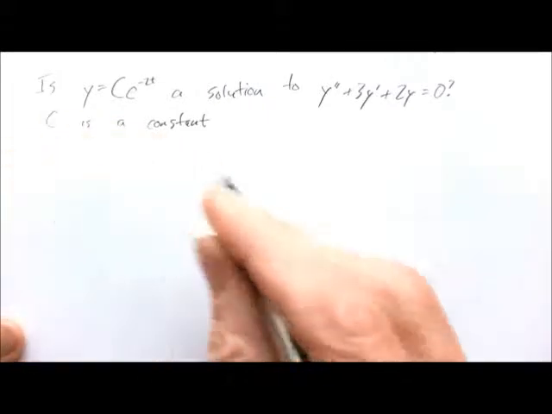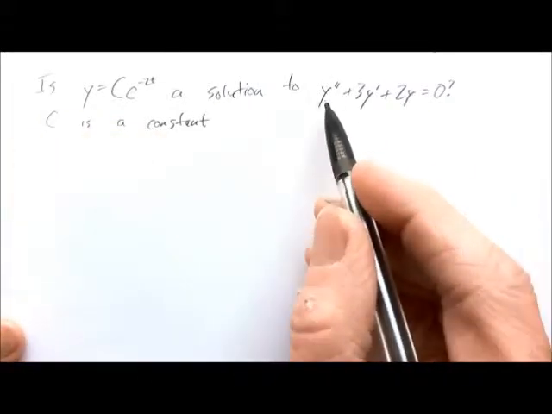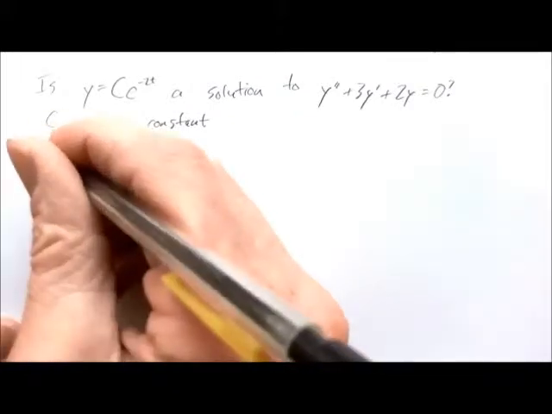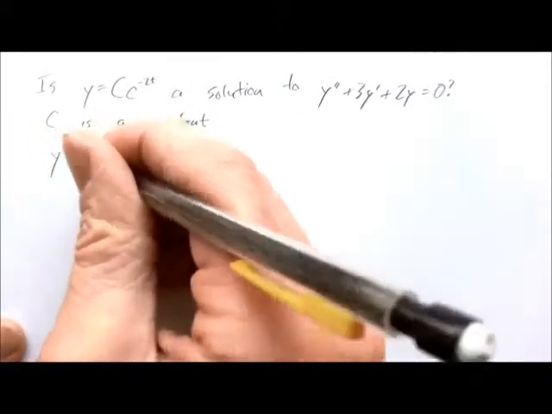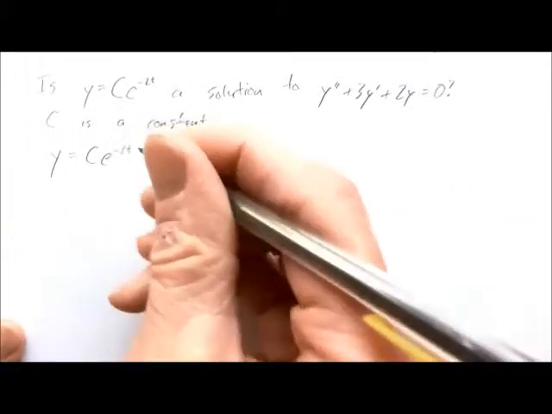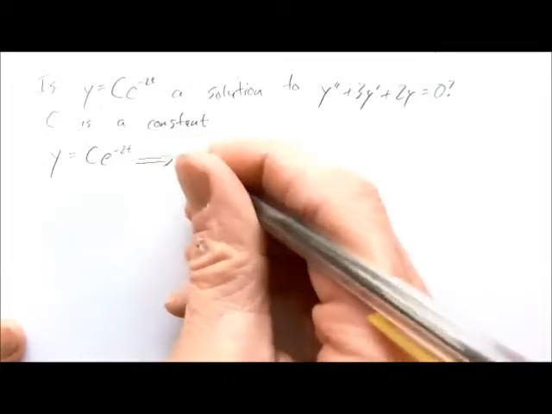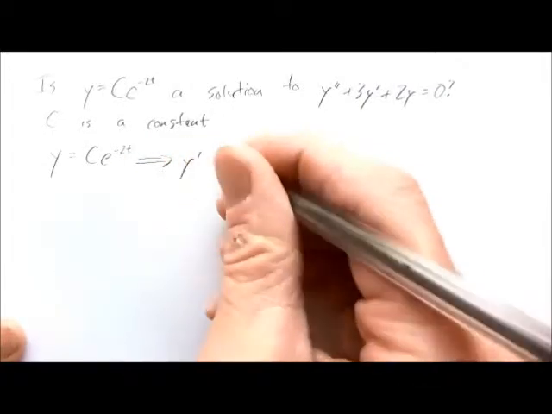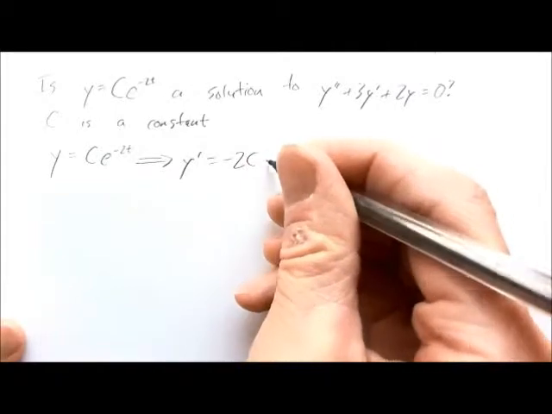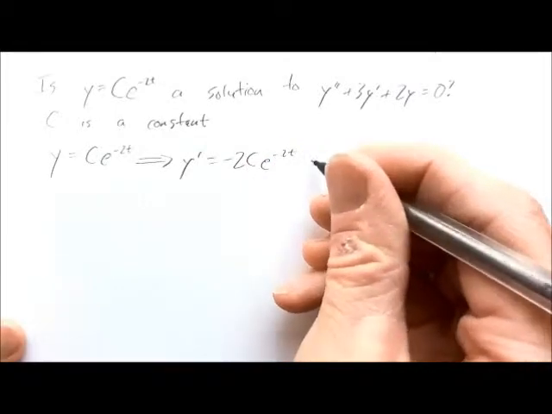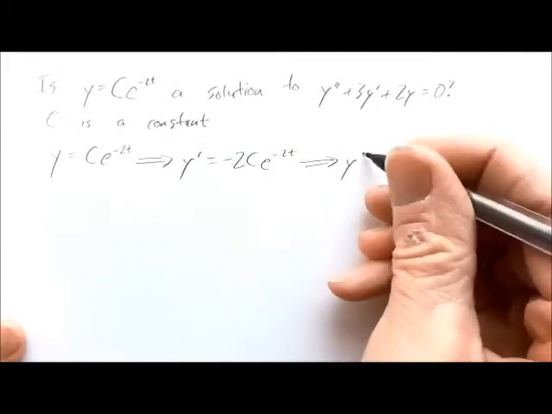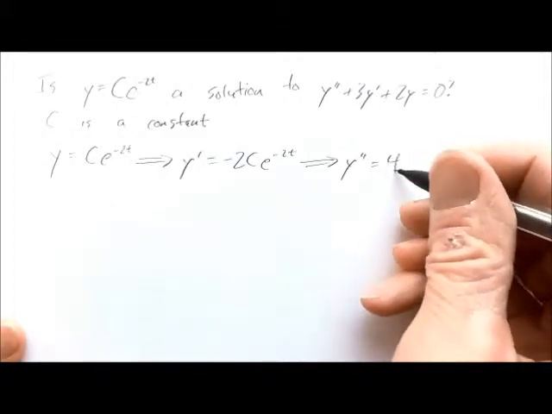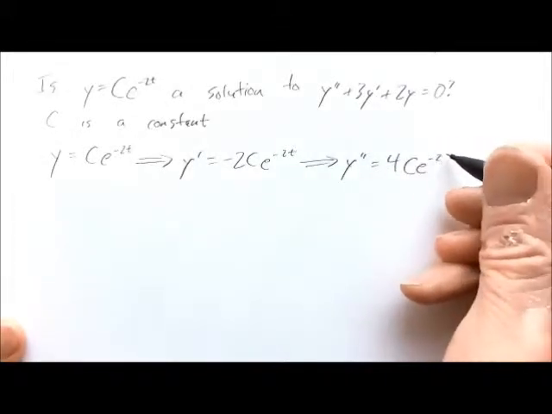So you can see that to get the left-hand side, we need the second derivative and the first derivative. So y equals c e to the minus 2t gives us a first derivative of negative 2 c e to the minus 2t, and the second derivative is 4 c e to the minus 2t.